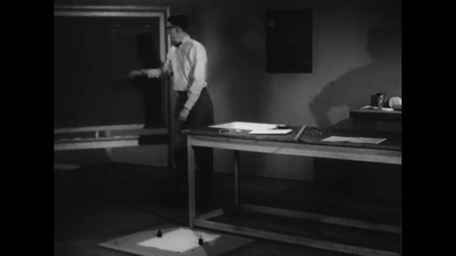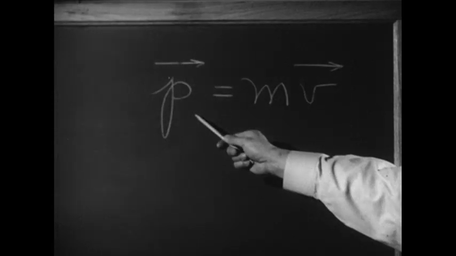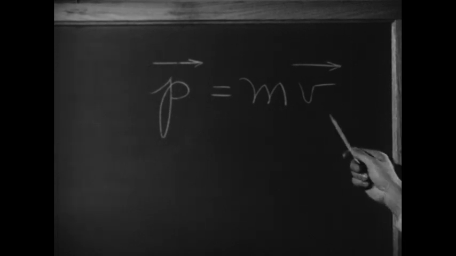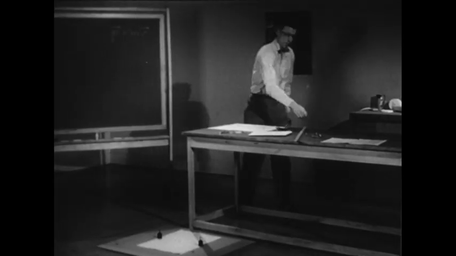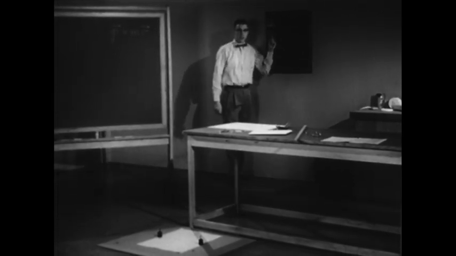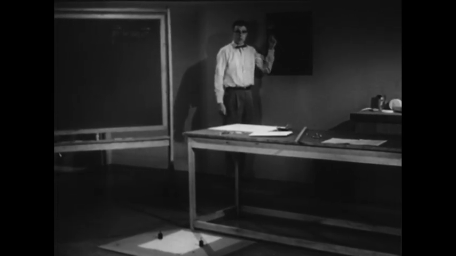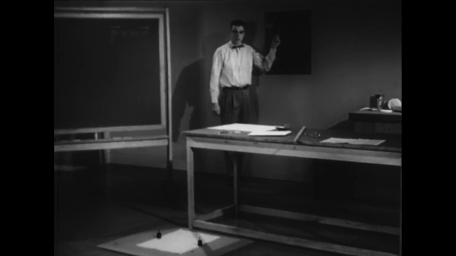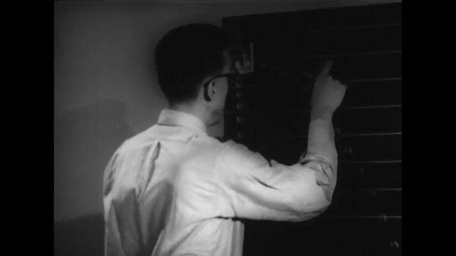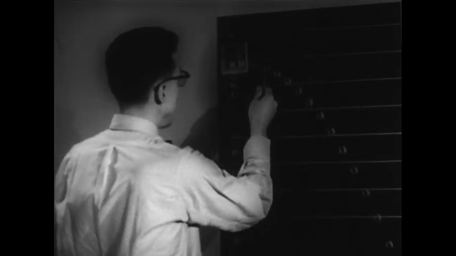In previous experiments, he has also learned that the momentum of an object is equal to its mass times its velocity. He has learned about projectile motion, the fact that objects projected from the same height at different horizontal velocities reach the floor at the same time. Now, he has also learned that the horizontal component of the velocity remains unchanged.